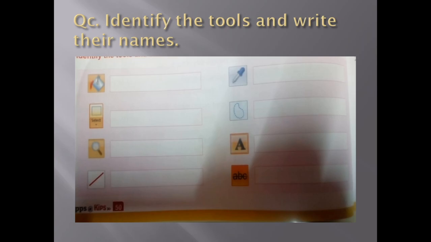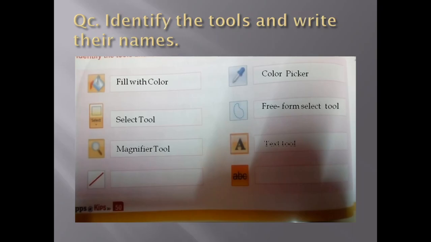Then fill with color: color picker tool, select tool, freeform select tool, magnifier, text tool, no outline, and strike through. So this was your question A, B and C that was done in the last video.